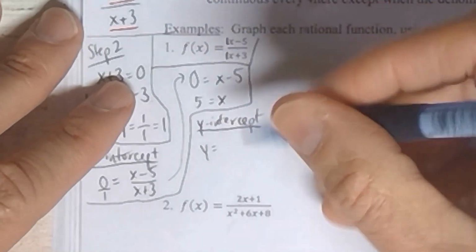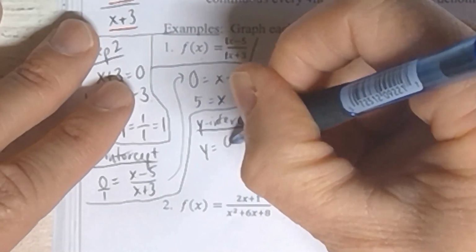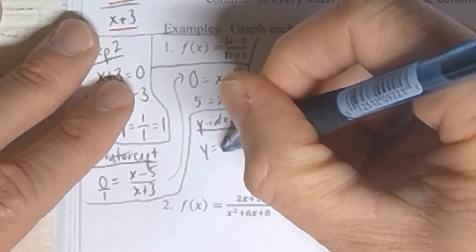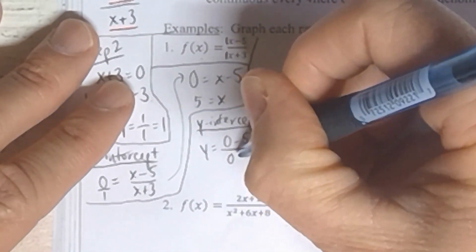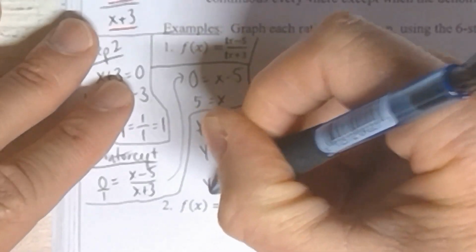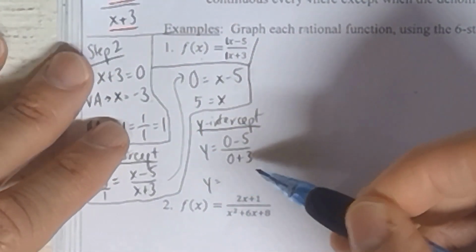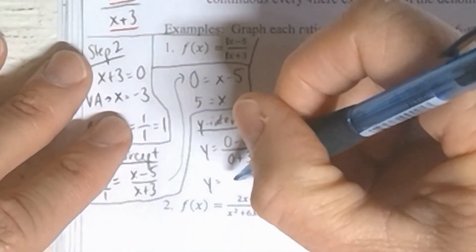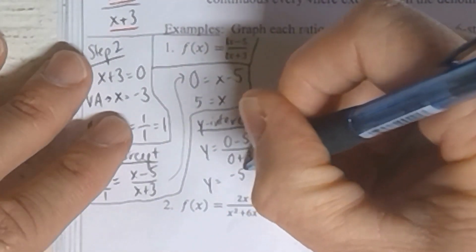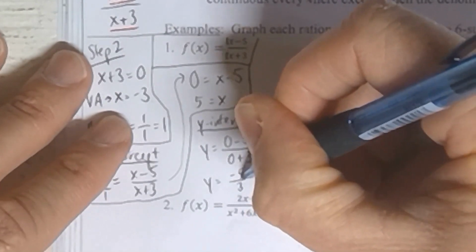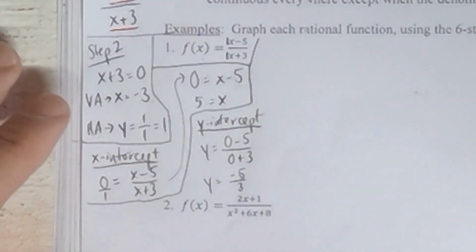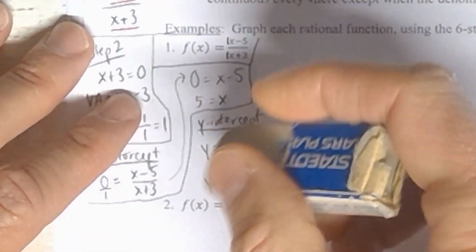The important thing is you plug in 0 on the other side of the equal sign like you normally would with a function. And remember, when you have to figure out what a fraction is equal to, you have to figure out what the top and bottom are equal to, and then put it in lowest terms if possible. Wouldn't that be equal to negative 5/3 here? Negative 5/3. And so that's your y-intercept.